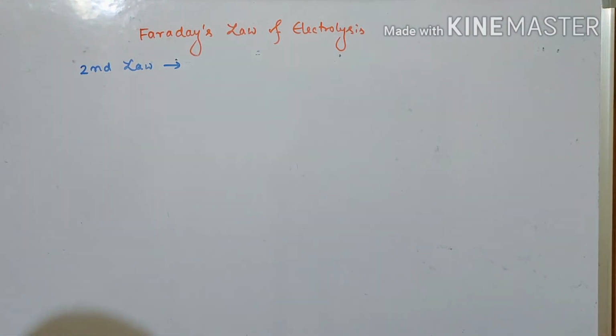As per this law, Faraday's second law suggests when the same quantity of electricity is passed through different electrolytic solutions connected in series, the weights of the substances produced at the electrodes are directly proportional to their chemical equivalent weights.